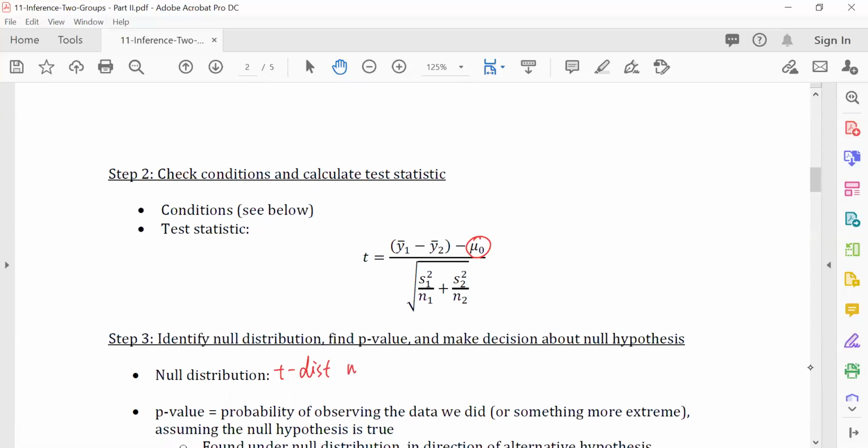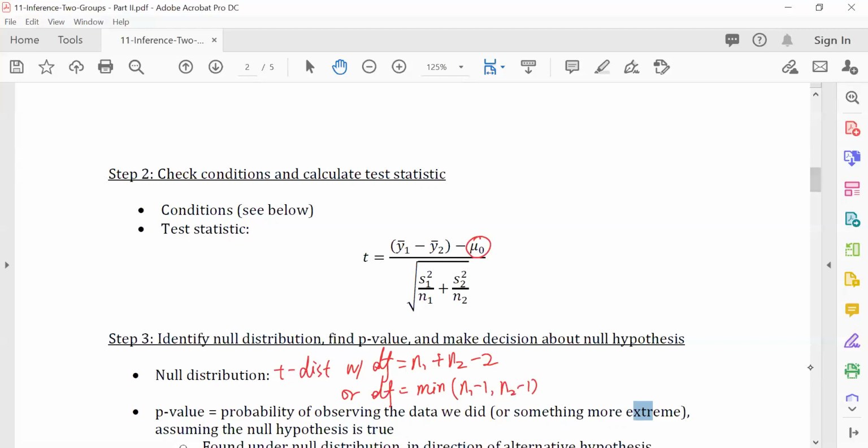The approximate way to calculate the degrees of freedom is n1 plus n2 minus 2, or the minimum value of n1 minus 1 and n2 minus 1.